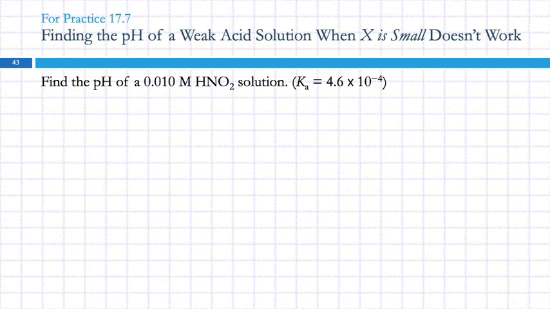So we're going to write the ICE table the same. I can write this instead of HNO2, I can call it HA. If you want to write HNO2, that's absolutely fine.